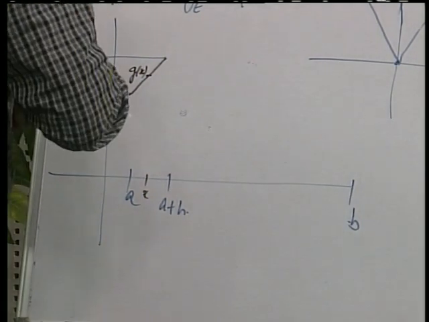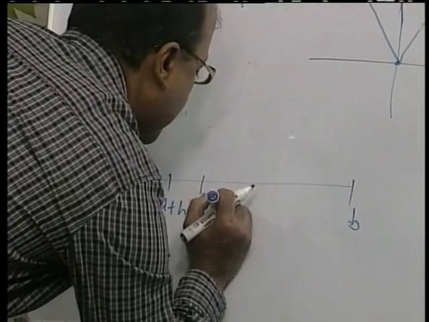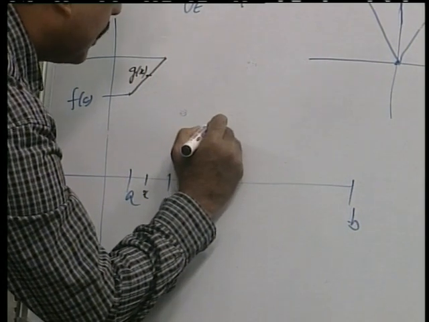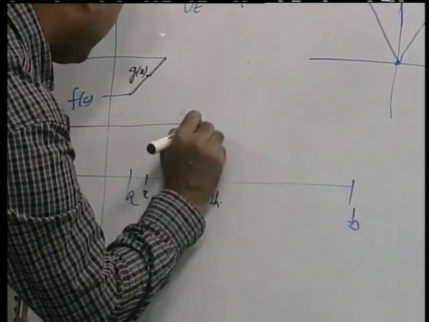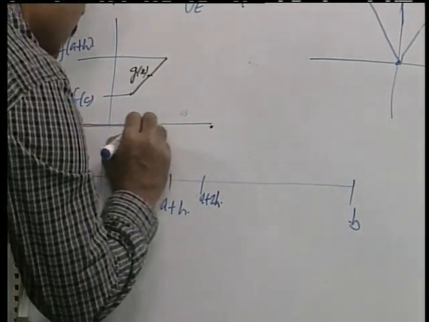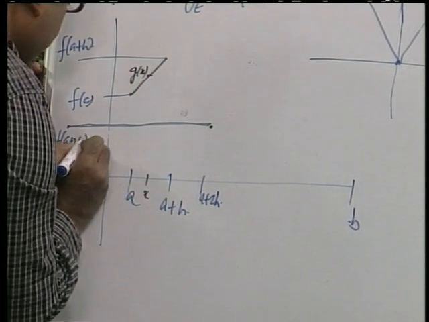Right, good. Next, suppose this is your a plus 2h, and this is your f of a plus 2h.